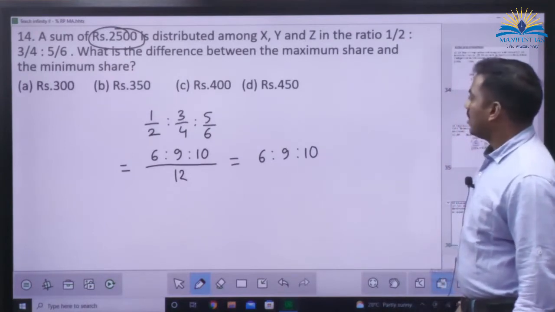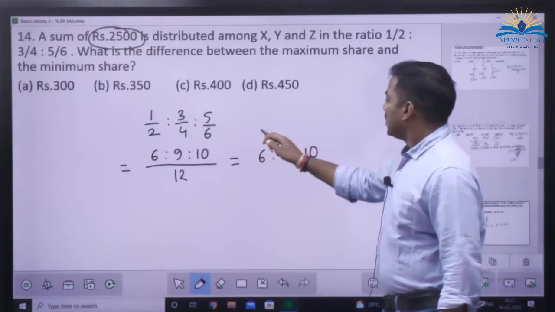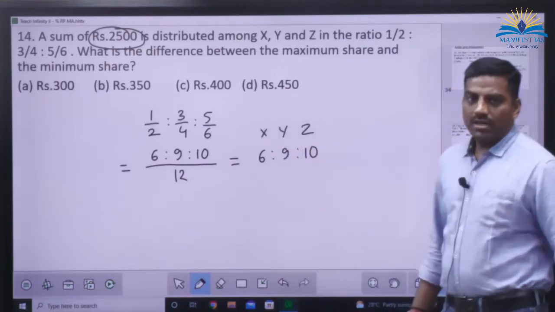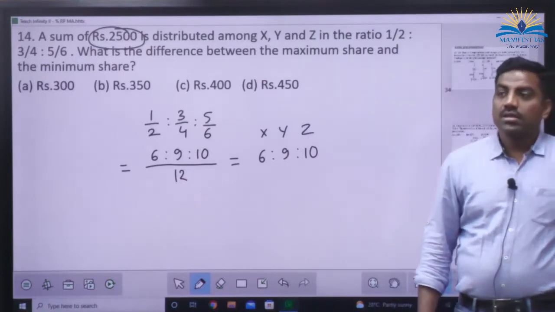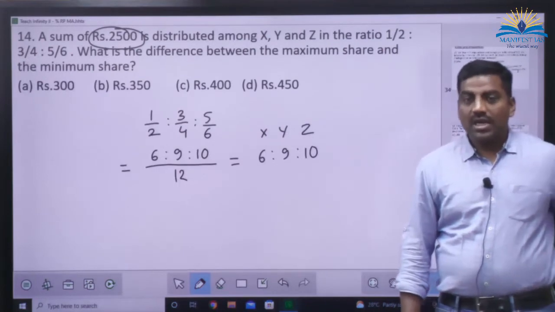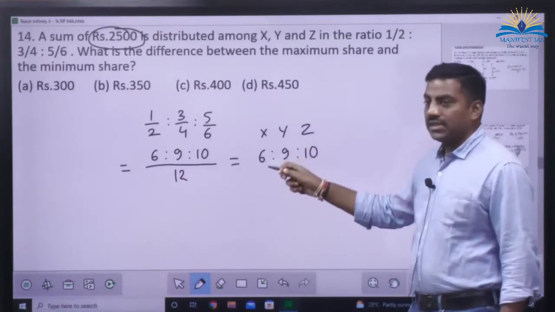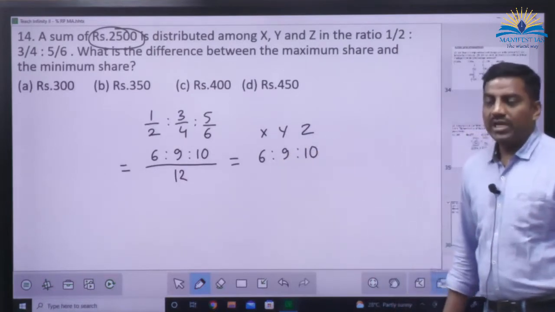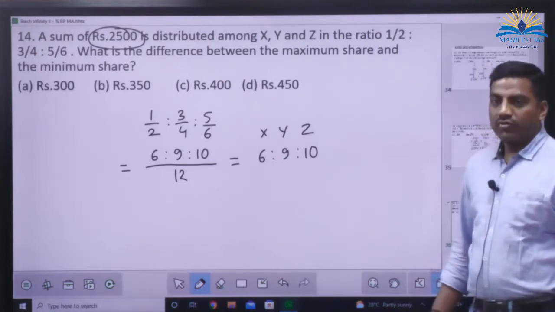Let's say they are X, Y, Z. Who is getting the maximum share? Z. Who is getting the minimum share? X. If we were distributing 6 rupees for X, 9 rupees for Y and 10 rupees for Z, how many rupees would we be distributing? 25 rupees.